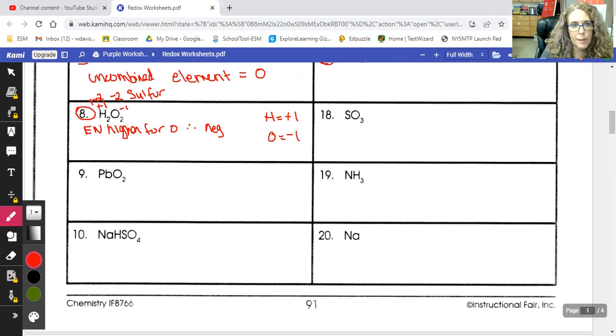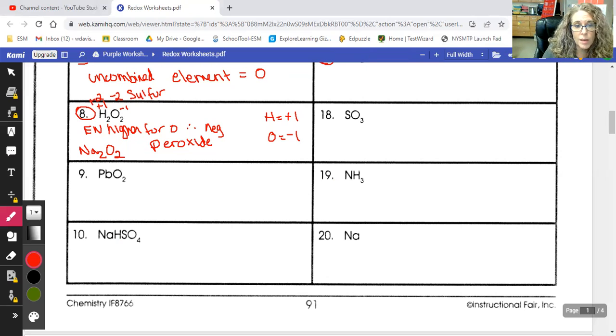And this is called a peroxide. So this is a peroxide. That's hydrogen peroxide. You're familiar with that molecule. The only other time I've ever seen this is sodium peroxide. But in that case, you can use the sodium being +1 because it's in group 1, and group 1 is always +1.